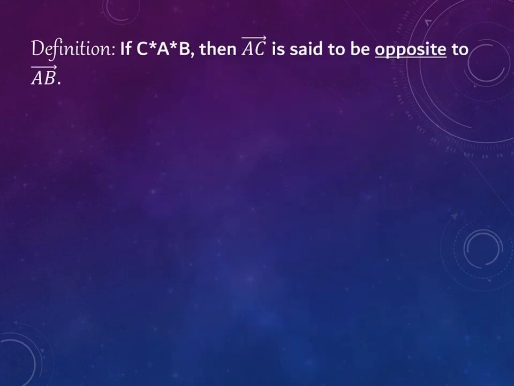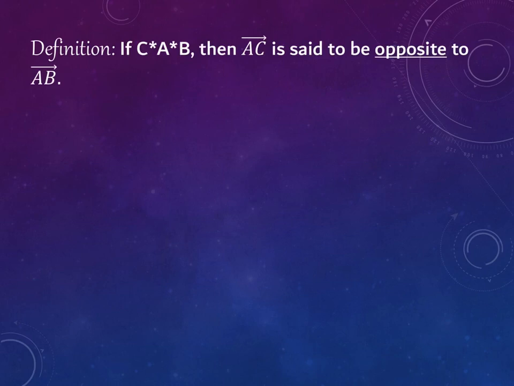Okay, next we're going to talk about opposite rays. If C star A star B, right, A is between C and B, then ray AC is said to be opposite to ray AB. And we can draw pictures to go along with these.